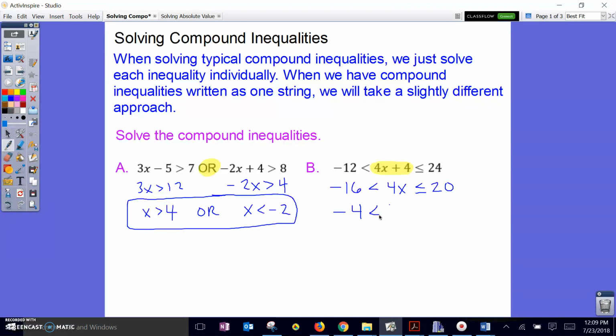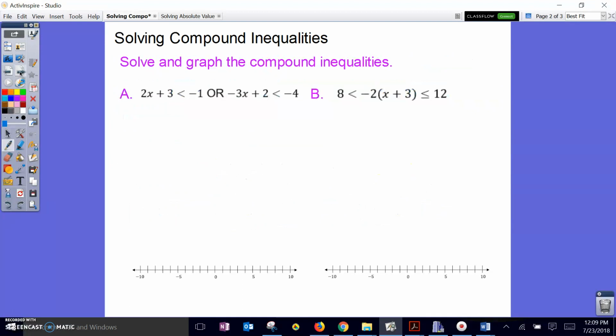We divide the 4x by 4, and we divide the 20 by 4. And we end up with -4 is less than x is less than or equal to 5. Which, remember, means that x is greater than -4 and x is less than or equal to 5.